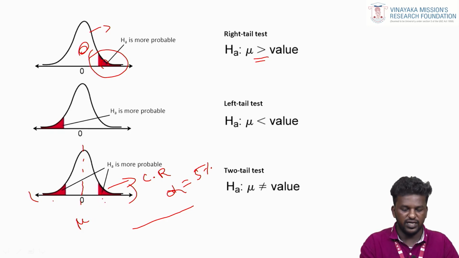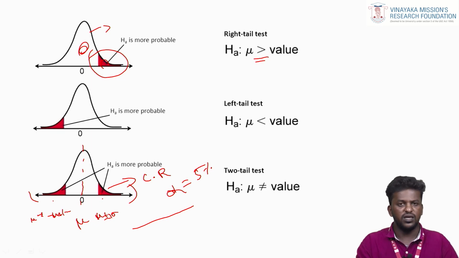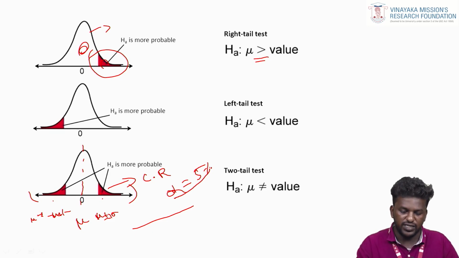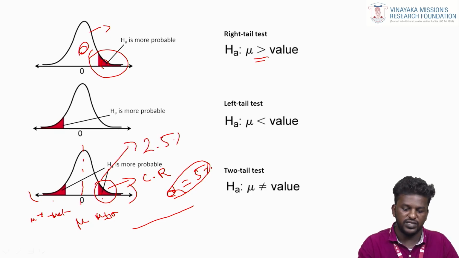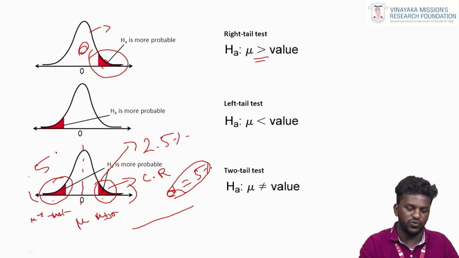This side indicates positive deviation, right? Mean plus or minus 1 standard deviation, 2 standard deviation, etc. This side indicates negative deviation from mean, so mean minus 1 sigma, mean minus 2 sigma, right? So for 5%, this region indicates 2.5% error and this region indicates 2.5% error. So 2.5 plus 2.5, 5% error.